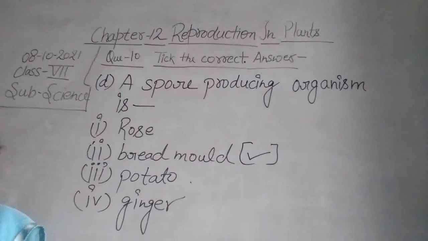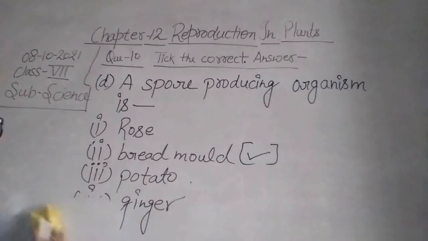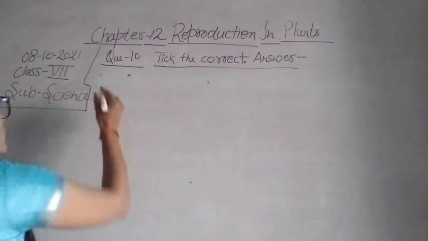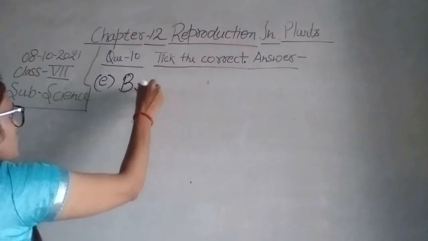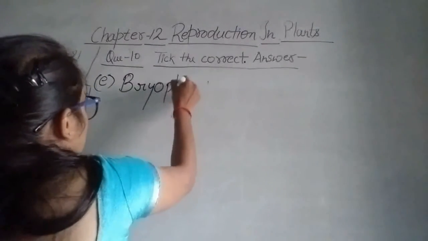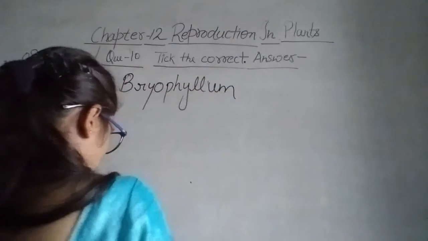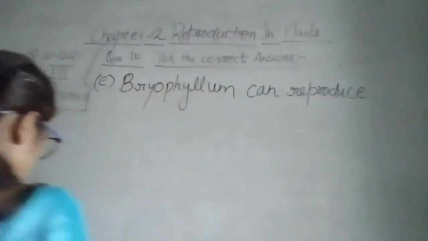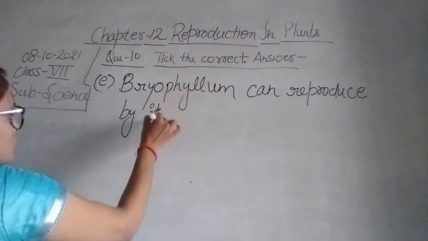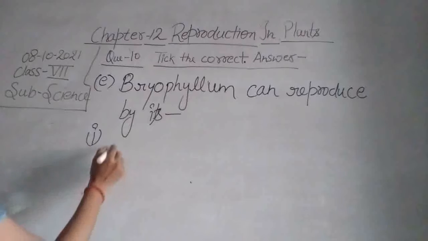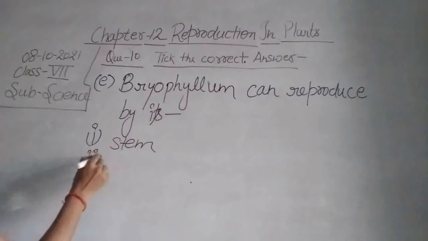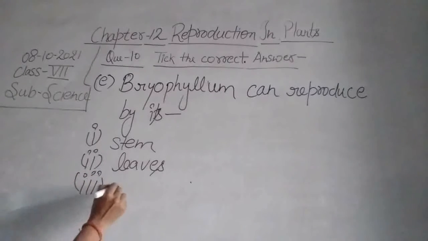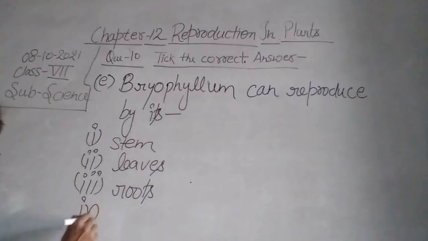Now next question: Bryophyllum can reproduce by its, option first stem, option second leaves, option third roots, and option fourth flower.